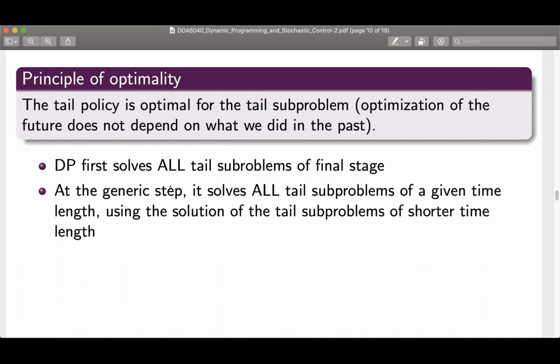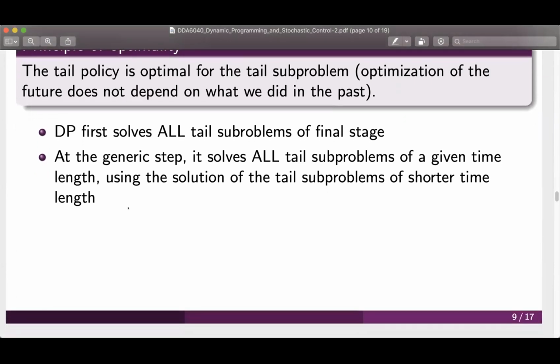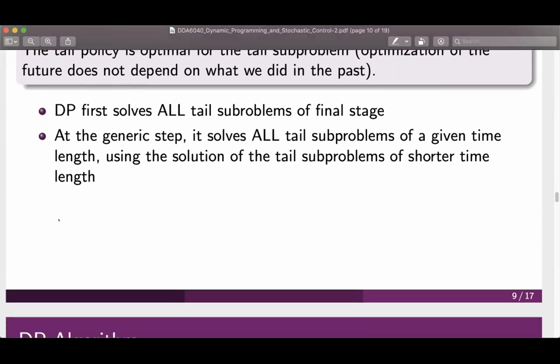Once it solves the tail subproblem for the whole stage, the DP algorithm has solved the original finite horizon problem. It runs backwards, using the solutions of tail subproblems of shorter time length to solve tail problems of longer time length.